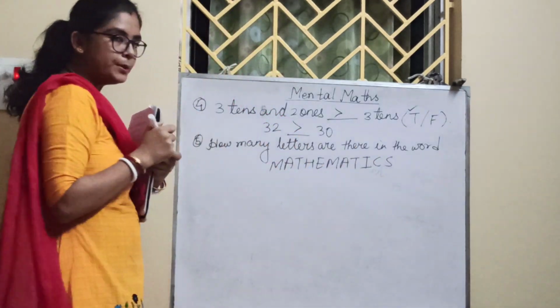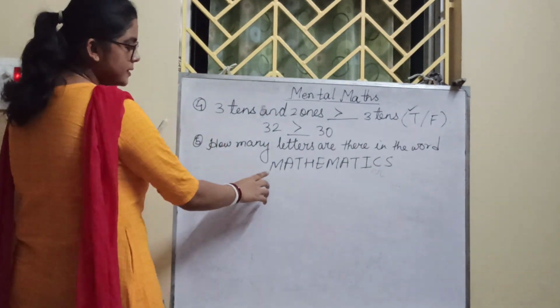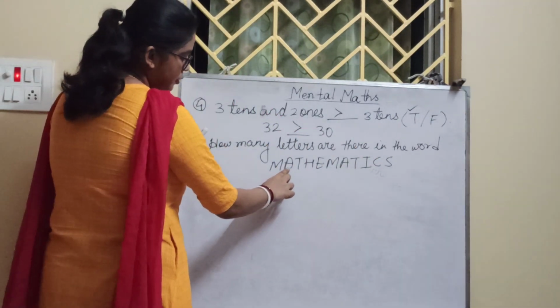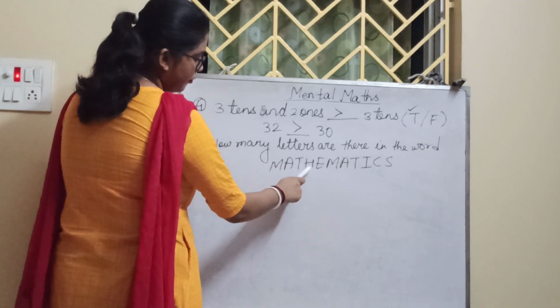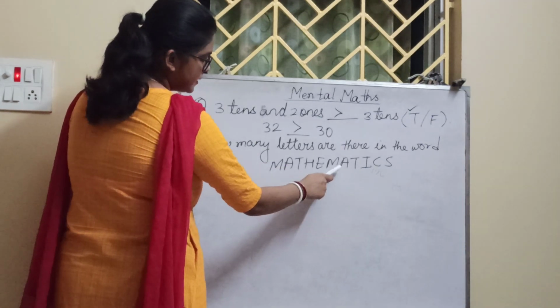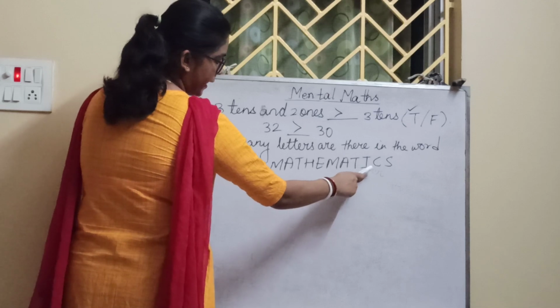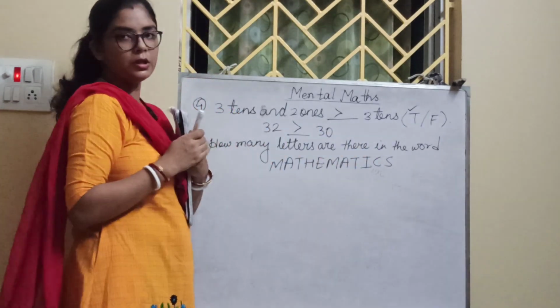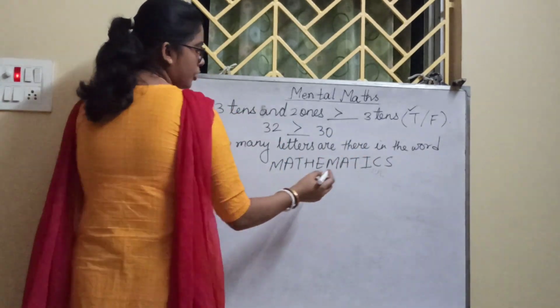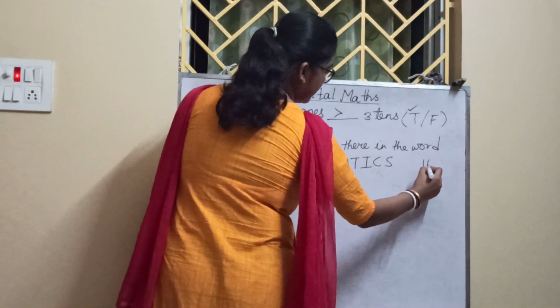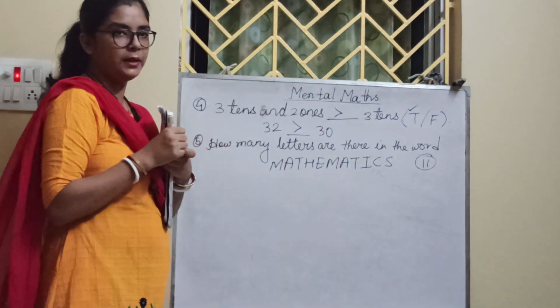This is very simple. Just count the letters: 1, 2, 3, 4, 5, 6, 7, 8, 9, 10, 11. So total how many letters? 11. So your answer is 11 letters in the word mathematics.